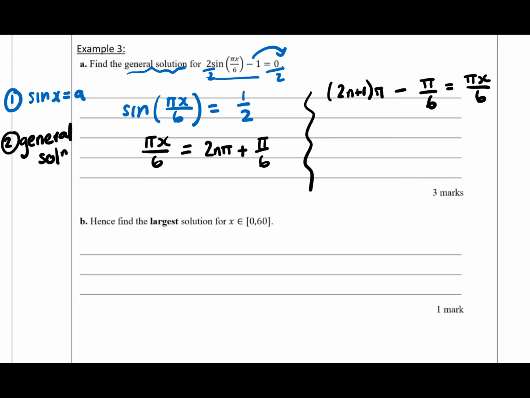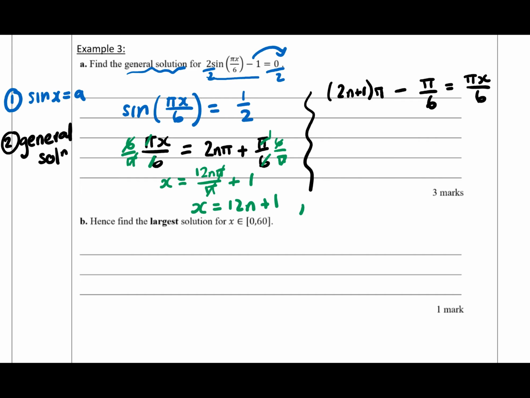So if I multiply both sides by 6 over pi, because multiplying by 6 over pi will cause those to cancel, then x will be equal to 2n pi, well 2 times 6 is 12 over pi, so that disappears, plus, if I'm timesing pi on 6 by 6 on pi, you can see the answer is 1. So x equals 12n plus 1.